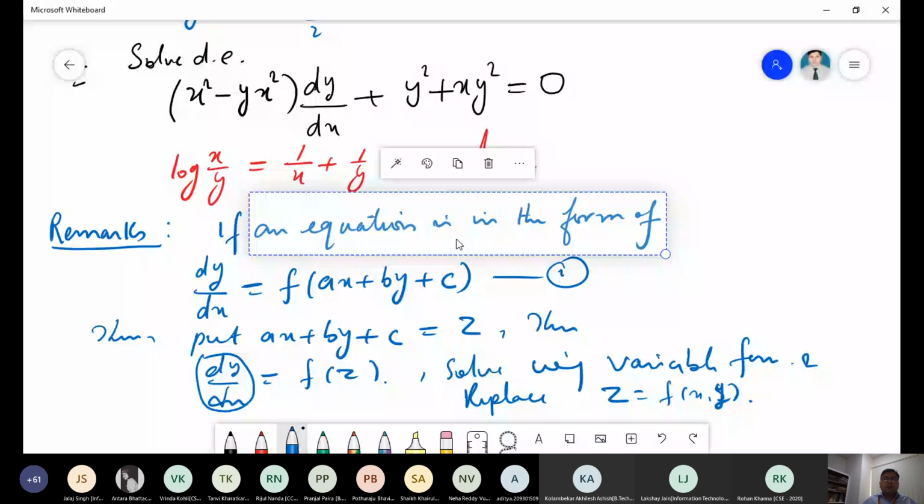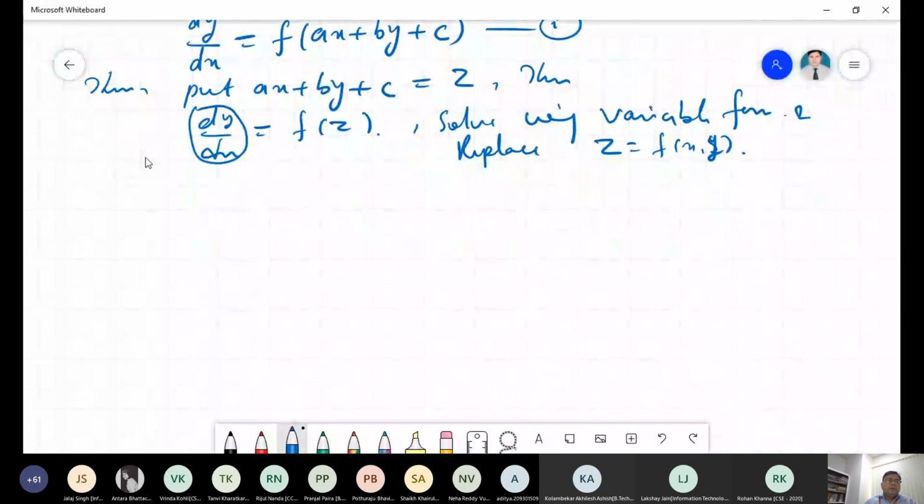Now see, this one is question number 2 from the question bank. You can go from the question bank also. Question number 4. I have so many questions.